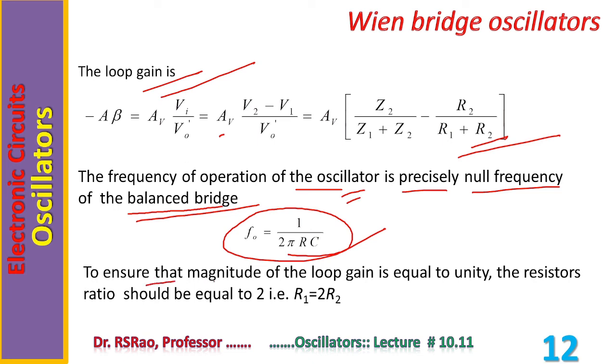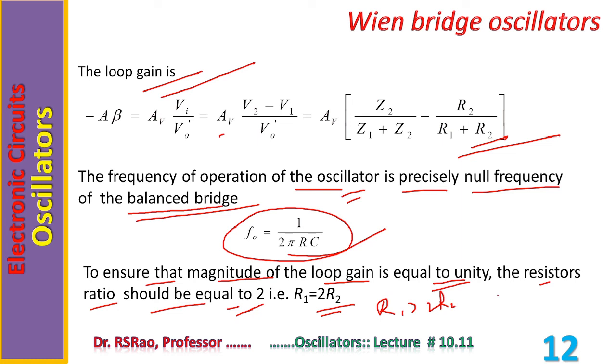To ensure the magnitude of the loop gain is equal to unity, the resistor ratio should be equal to 2. That is, R1 equal to 2R2. But in practice R1 is slightly more than 2R2.